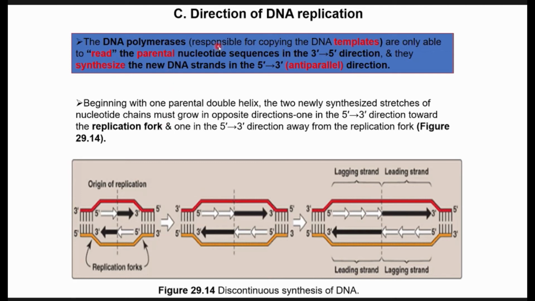The DNA polymerase is only able to read the parental nucleotide sequence in the 3 to 5 direction, and synthesizes the new strand, which we've written in red, in the 5 prime to 3 prime direction, which means antiparallel, the opposite.